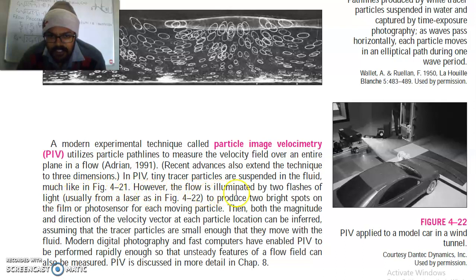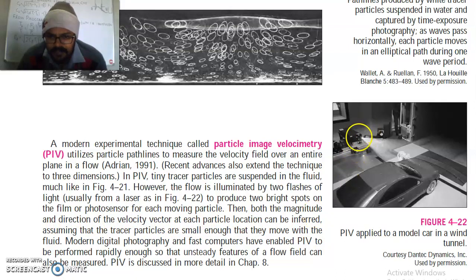However, the flow is illuminated by two flashes of light, usually from a laser as shown in figure 422, to produce two bright spots on the film or photo sensor for each moving particle. Then both the magnitude and direction of the velocity vector at each particle location can be inferred.